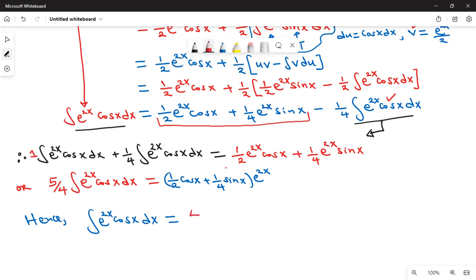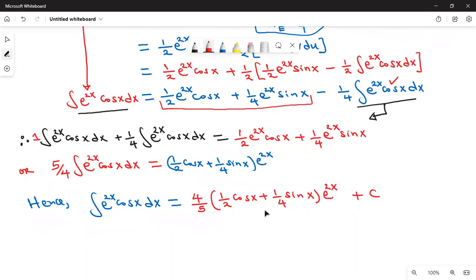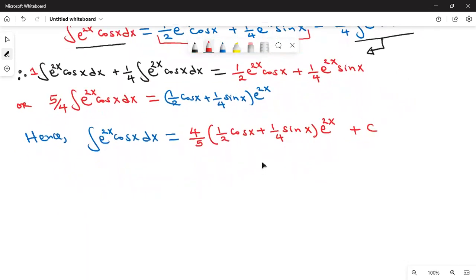So that will give us 4 over 5 times 1 over 2 cos x plus 1 over 4 sine x times exponential 2x. So this is the final answer, and so now you can write plus a constant c of integration. I said that constant, you introduce it at the final step where you know the final answer.